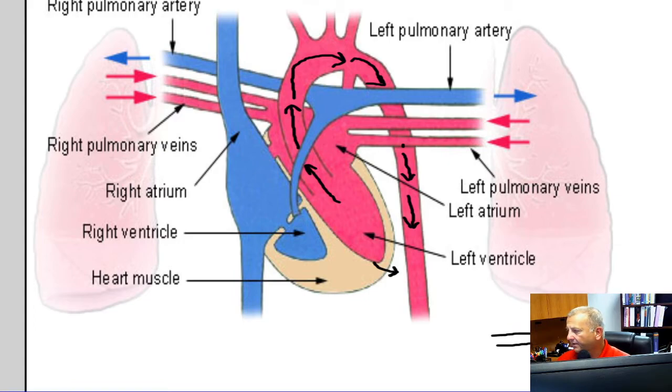And so we know that this blue right here is going to represent plasma. It represents the plasma, okay? And you have cellular blood in there, right? You have your red blood cells, your white blood cells, and your platelets. They're not going to make it through the membrane, but the plasma will, because it's mostly water.